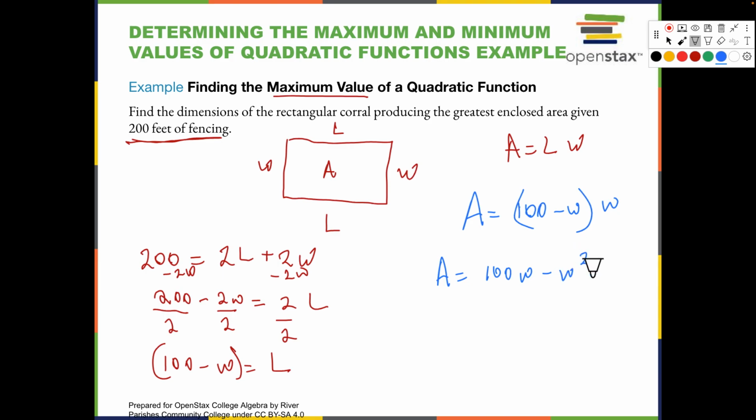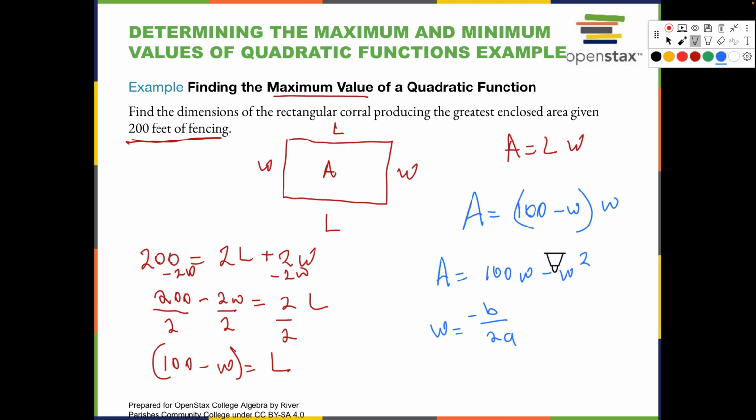Notice we have a quadratic. We just need to find the vertex of this quadratic, and then we will be good. The x coordinate, in this case W is our x coordinate, of that vertex is minus b over 2a.